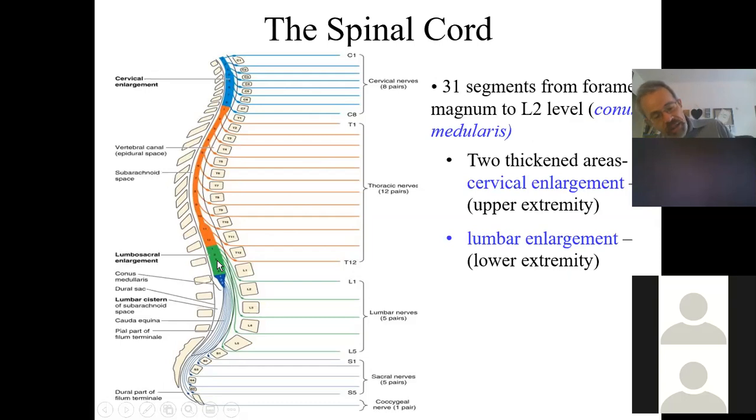Why is it larger here? Because in this region, we have nerves that are going to the extremities. For example, we have a lot of nerves up here that are going to the arms, a lot of nerves down here that are going to the legs, and of course, there's a lot we can do with those regions, a lot of different types of movements. So more movements requires more nerves, thereby a thickened region.